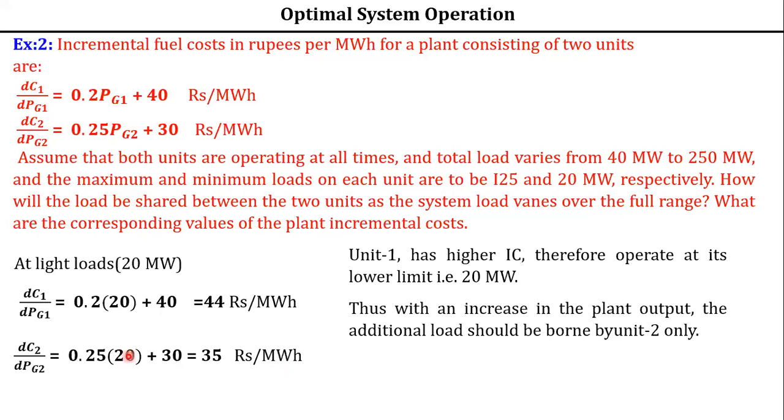Suppose you have calculators with you, and the plant output is increased to 40 megawatt or 50 megawatt, what is IC1? What is IC2? IC1 means this one, IC2 means this one. You can calculate it if the load is varied from 20 megawatt to 50 megawatt.